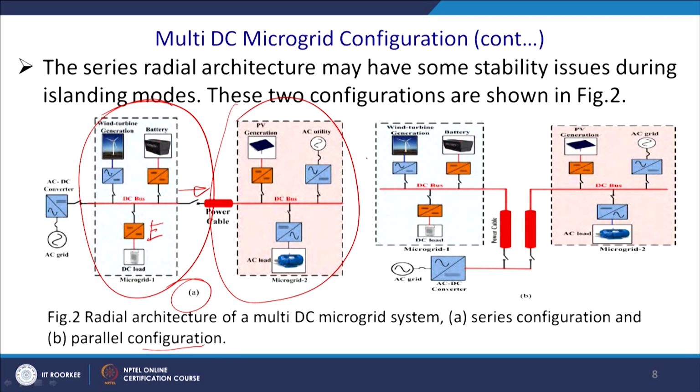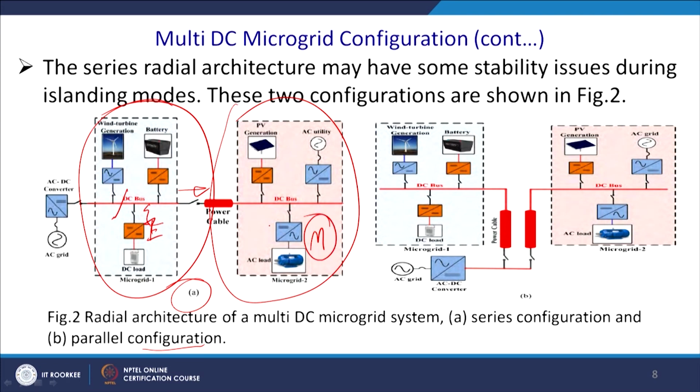But in this configuration, it is one for all, and the problem lies here: if something happens here, due to this fault the mechanical department is forced to operate in islanding mode.